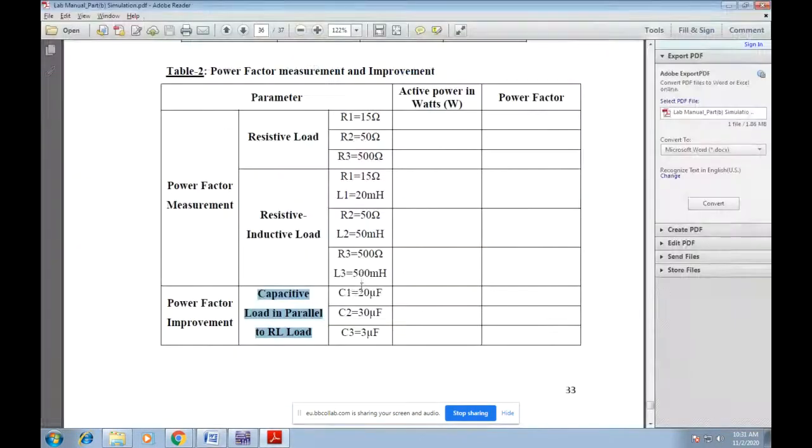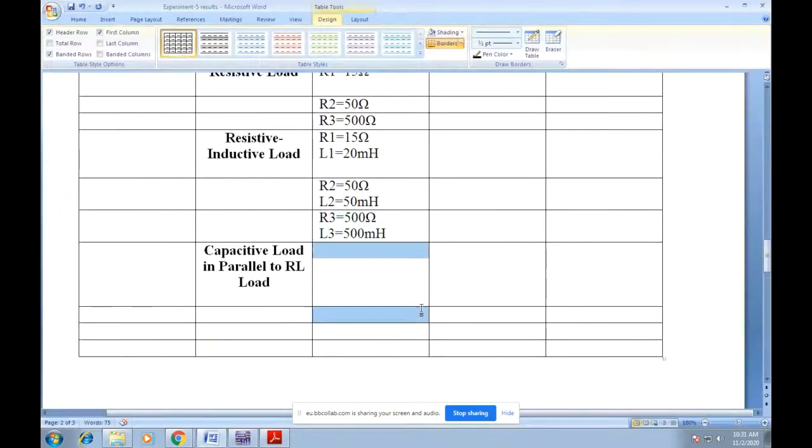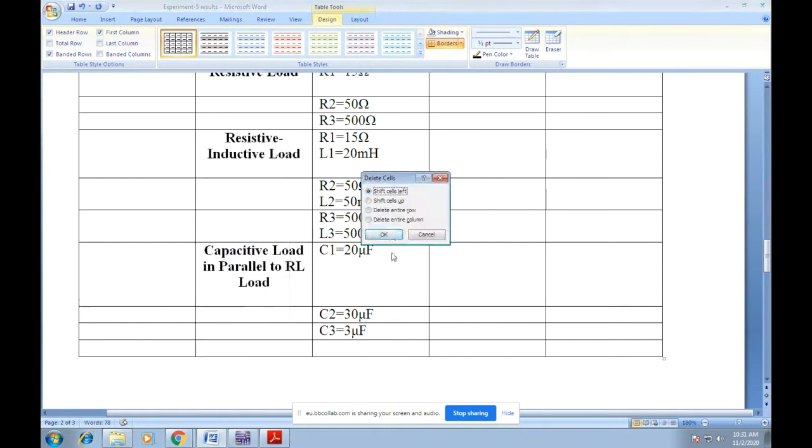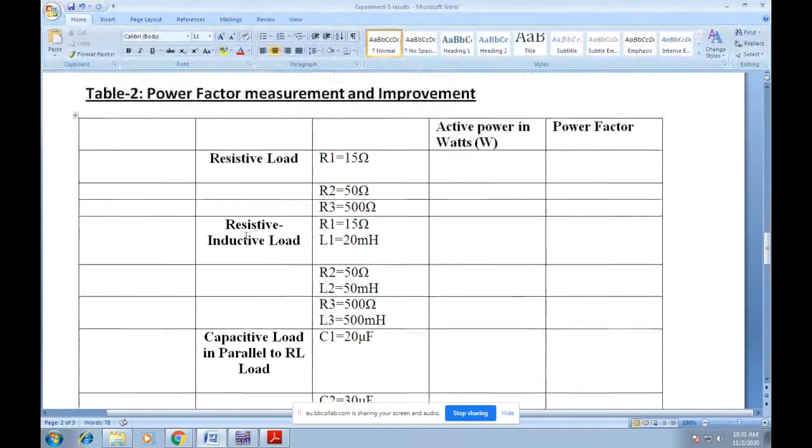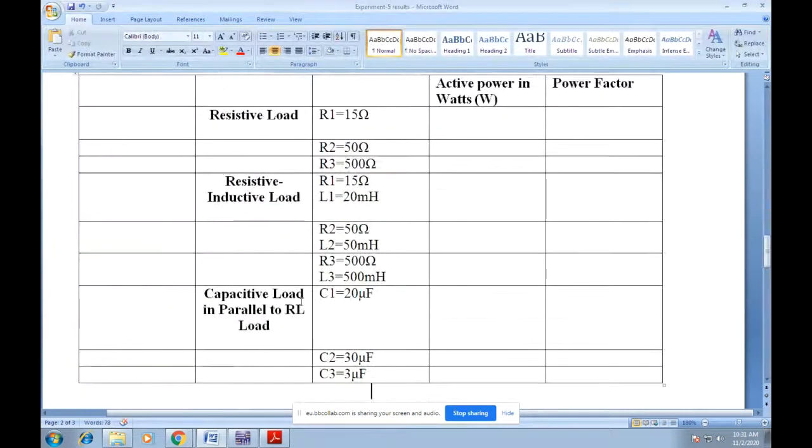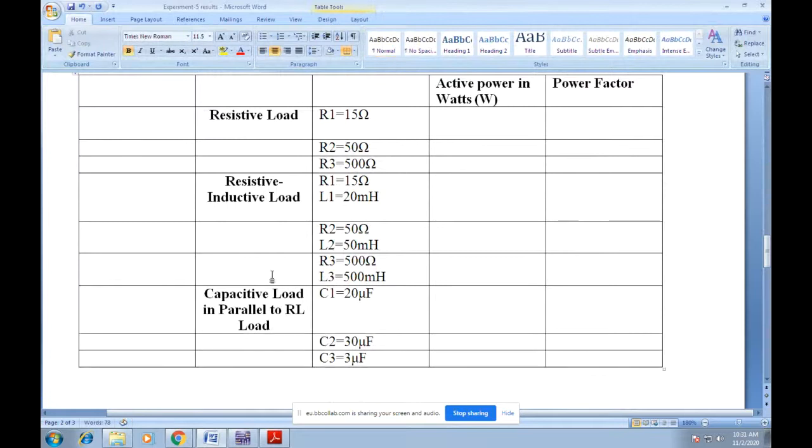This experiment is very important. You have to be careful and understand it clearly. Let me complete the table, after that I will explain the experiment to you.